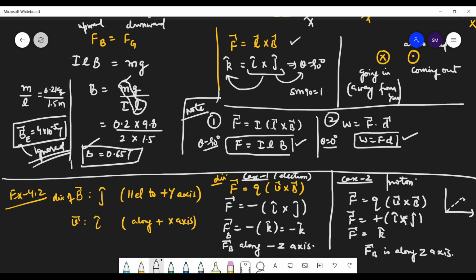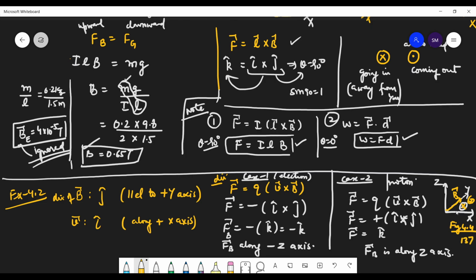So in the figure also he has taken the same x-axis, y-axis and z-axis. See how he draws positive: a cross sign means moving inside, so that's your magnetic field. See how it is shown in your book, figure 4.4, page number 137.